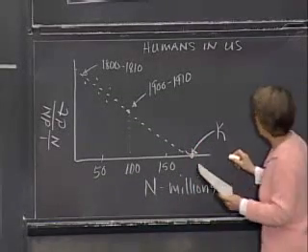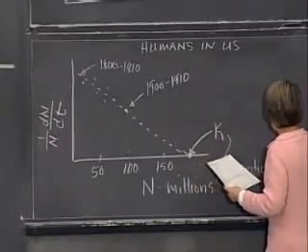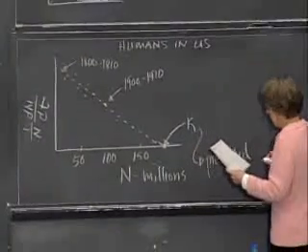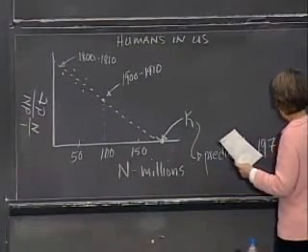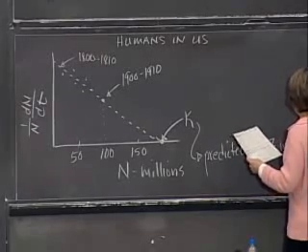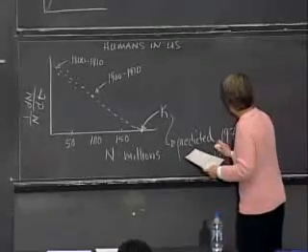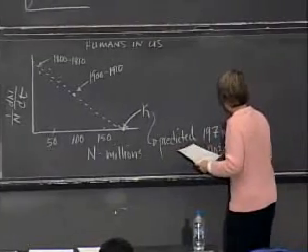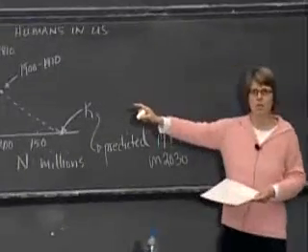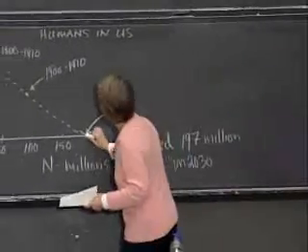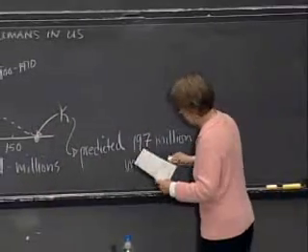And they predicted that we'd have 197 million when we reached the carrying capacity, and that was in the year 2030. So that was the prediction of their model back in the 1920s, that the carrying capacity of the U.S. for humans was 197 million, and that would be reached in 2030.